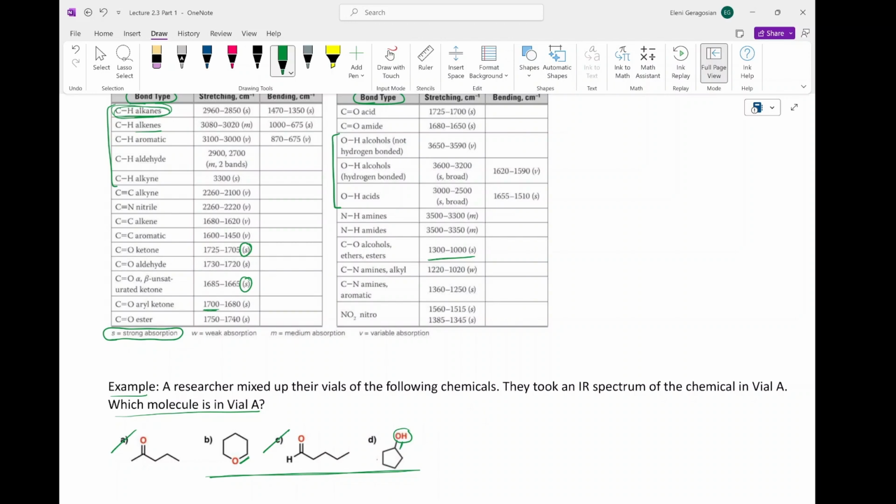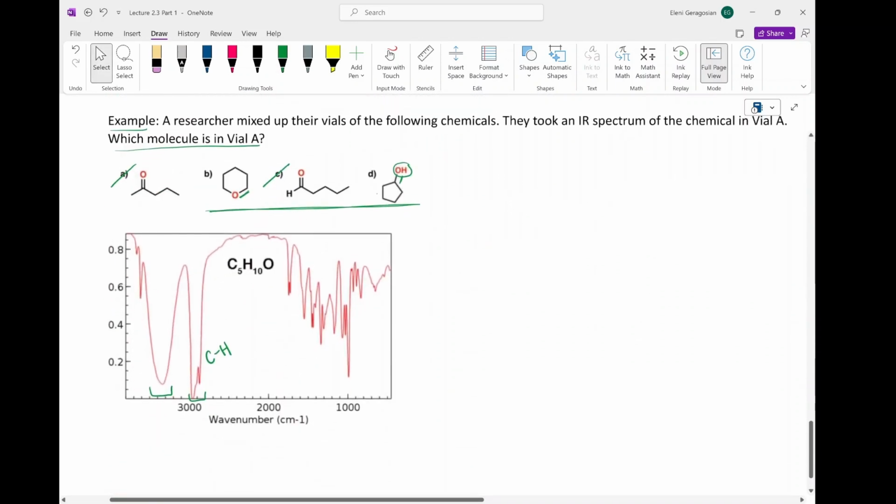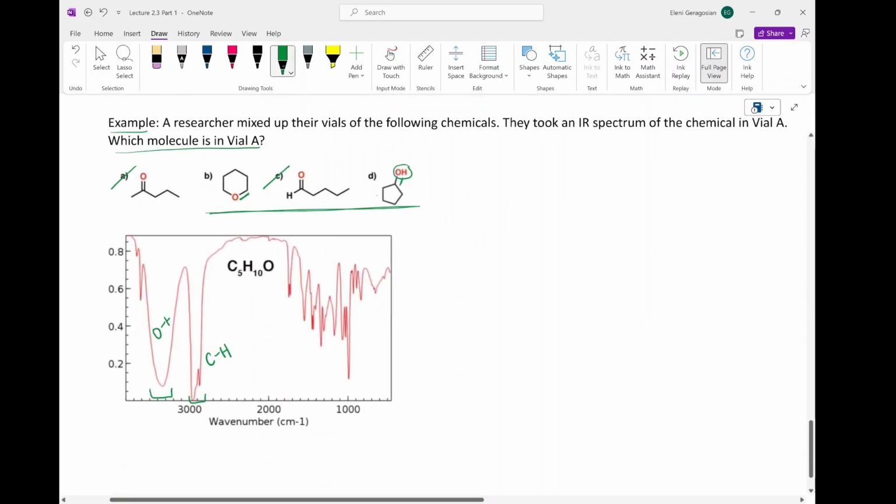And oxygen to hydrogen single bonds are right in this region around 3,500, and that is what appears here. So this is an oxygen to hydrogen single bond peak. So with this IR spectrum, we can tell that molecule D is in this vial because the peaks that show up in the spectrum align with the bonds that are present in D.